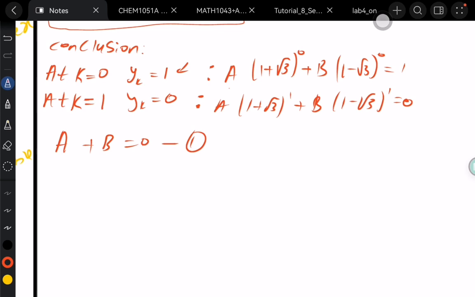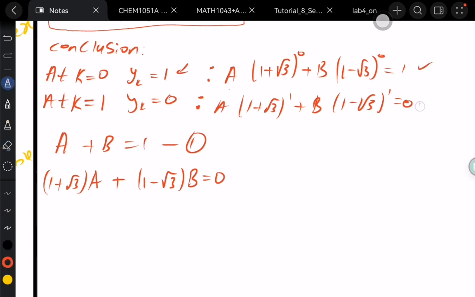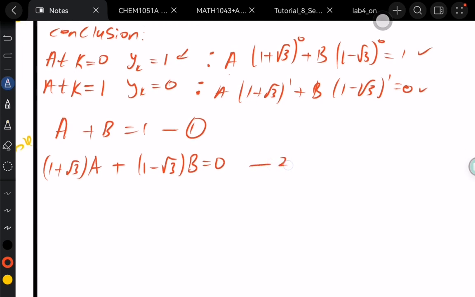And I have a times (1 plus the root of 3) plus b times (1 minus the root of 3) equal to 0, equation 2.